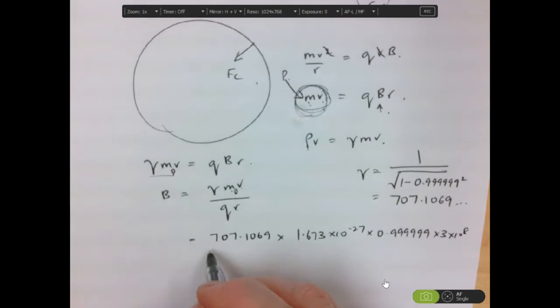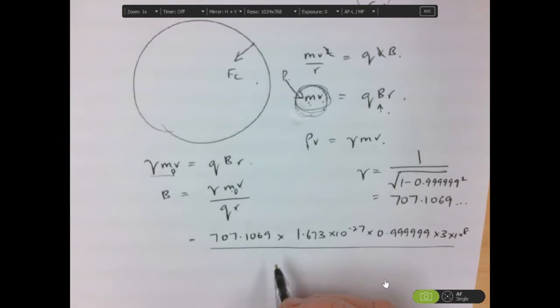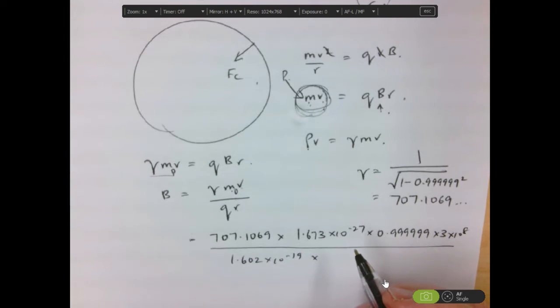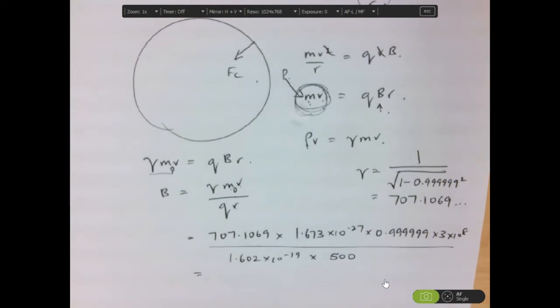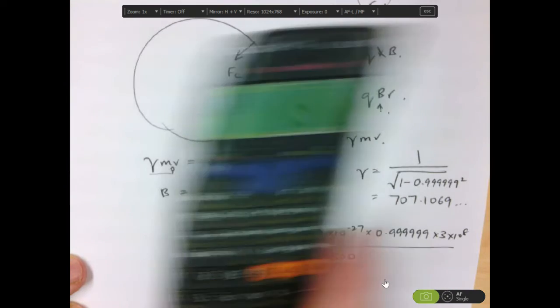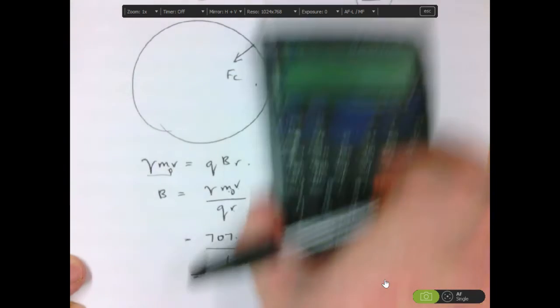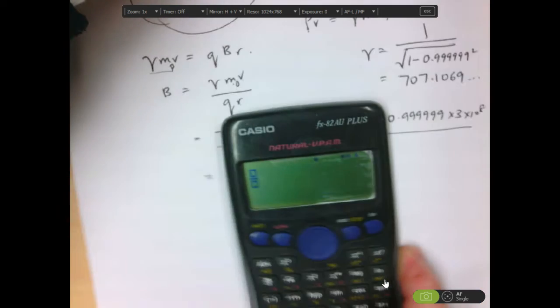Okay, all over the charge on the proton, 1.602 by 10 to the minus 19 times the radius, and the radius of this is 500 meters. Okay, let's have a look at what this gives us. So let's put all these values in.